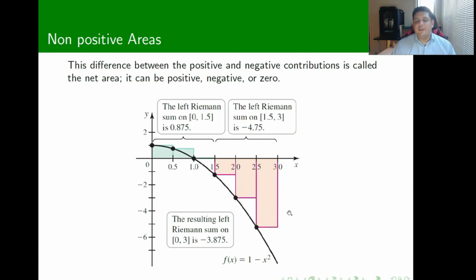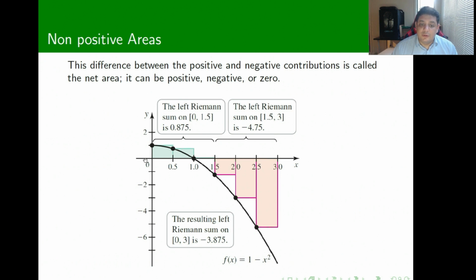Now, if I consider the one from 0 to 3, notice that I get different things going on. I'm going to have a piece of 1 minus x squared that is going to have positive rectangles, and I'm also going to have a big part of 1 minus x squared that is going to be produced with negative rectangles. Okay?